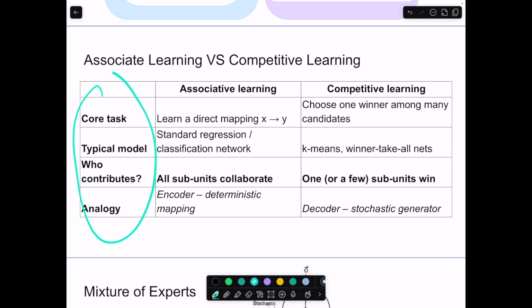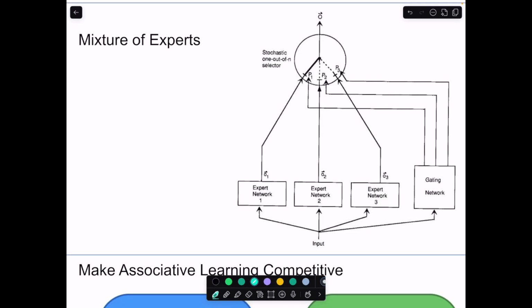In associative learning, all subcomponents collaborate, whereas in competitive learning, only one or few strongest subnetworks will represent the output. The analogy here is that associative learning can be thought of as an encoder, and competitive learning can be thought of as a decoder or generator.